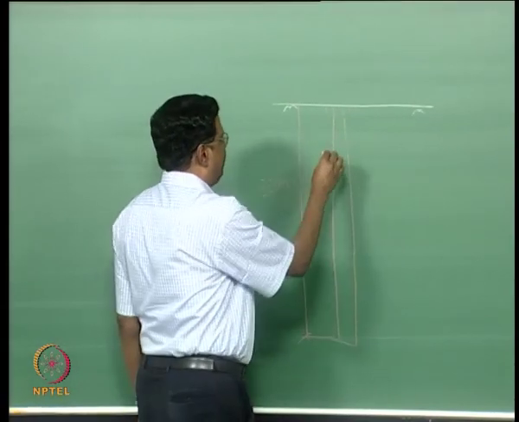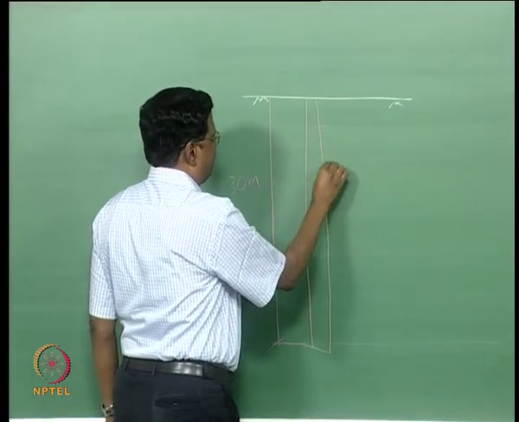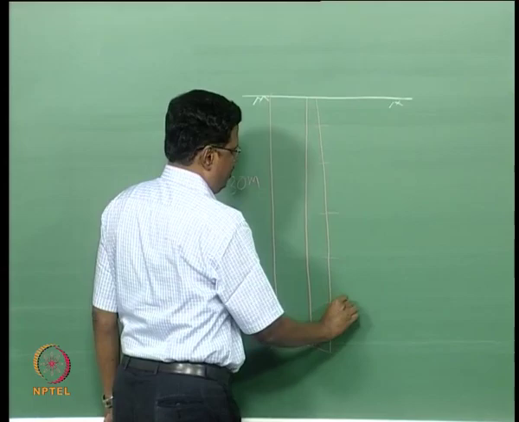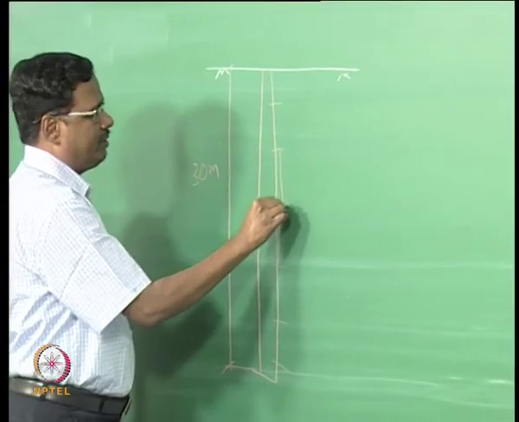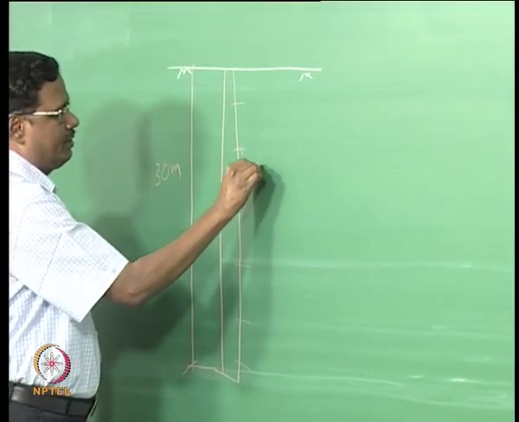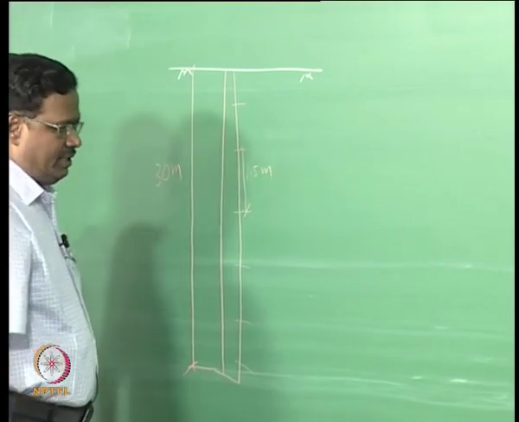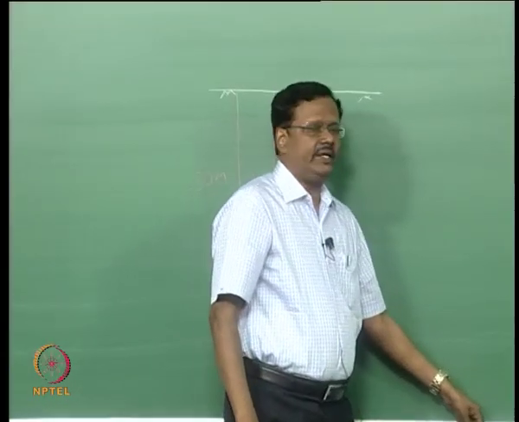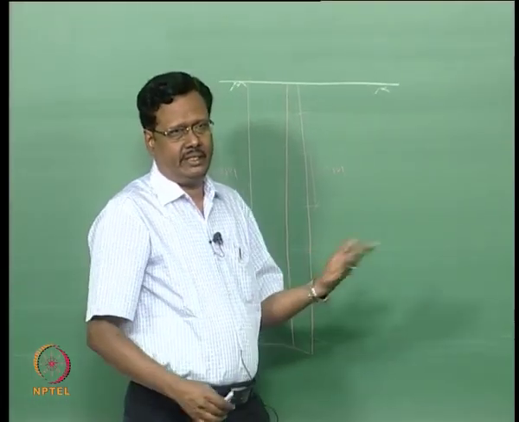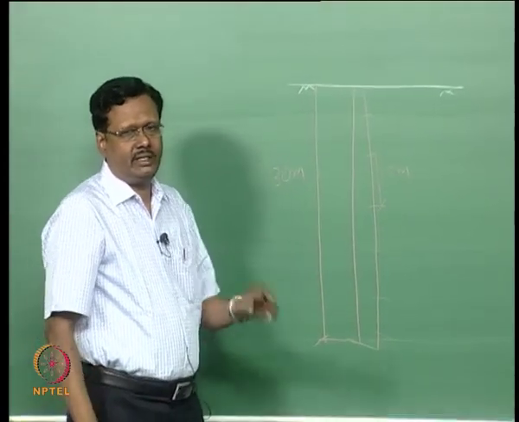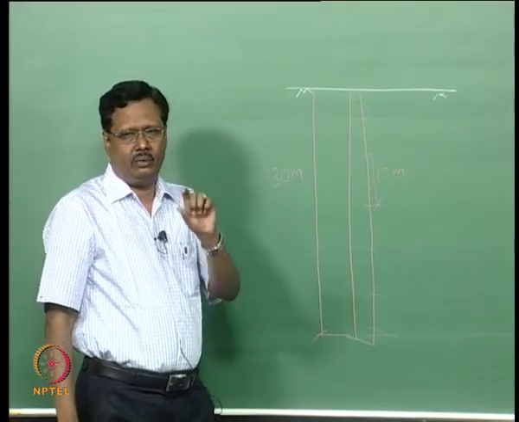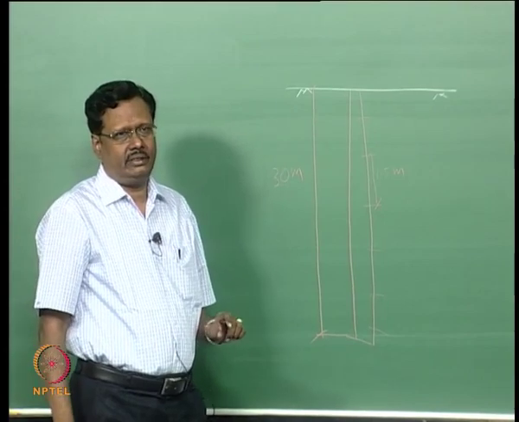They do the SPT test at different intervals. Typically the interval is about 1.5 meters, but this varies. Suppose there is a layer change and the layer is only 1 meter thick, they do the test in that particular layer.